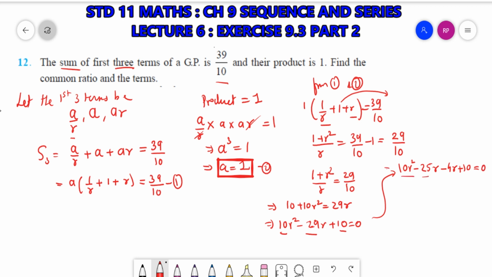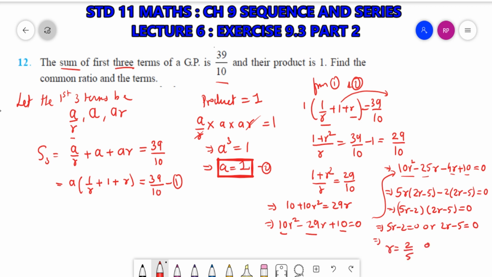From these two, I can take 5R common, so it will be 5R, sorry, not 5R, 5 common: 2R minus 5. And from these two, I can take 2 common, so it will be 2R minus 5 equal to 0. This implies (5R minus 2)(2R minus 5) equal to 0. So 5R minus 2 equal to 0 or 2R minus 5 equal to 0. So R equal to 2 by 5 or R equal to 5 by 2.